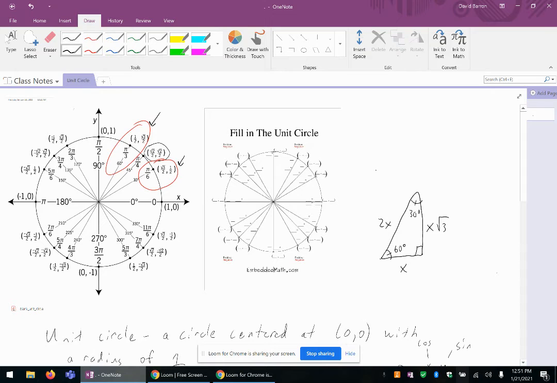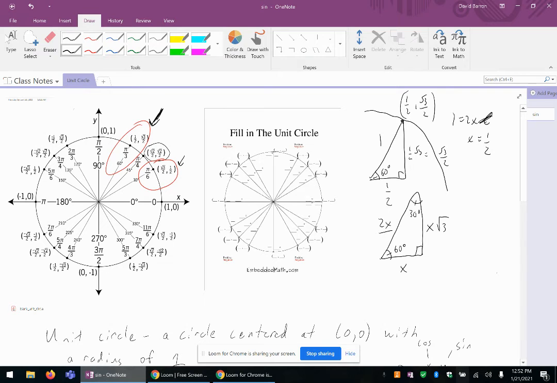So if we have a 60-degree triangle embedded in the unit circle, our hypotenuse is 1. I now need to solve for x. Since the hypotenuse is 1, 1 equals 2x, so x equals 1/2. That's the length of this side. And now 1/2 root 3, or root 3 over 2, is the length of the vertical side. So we get for our coordinates 1/2, root 3 over 2, and that matches what we've got here.